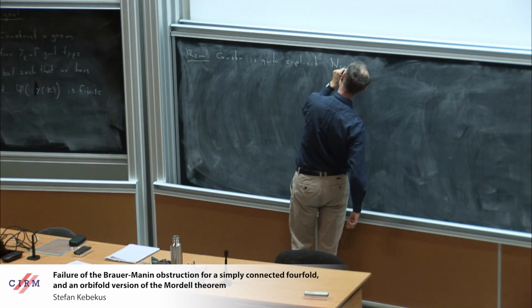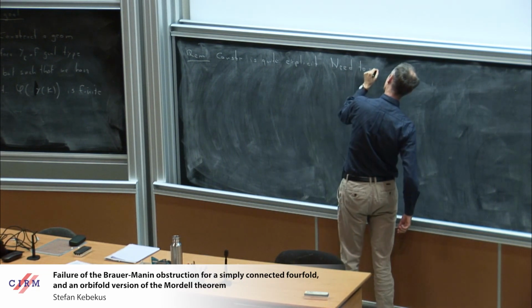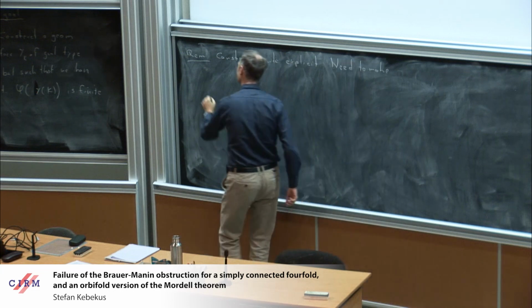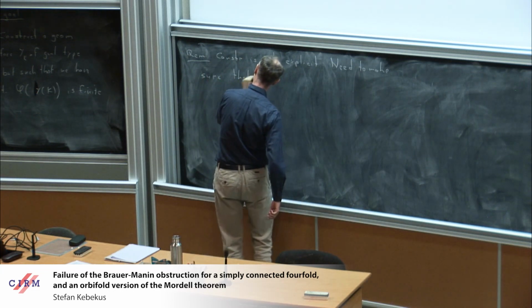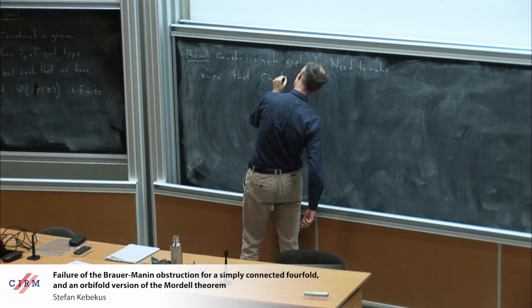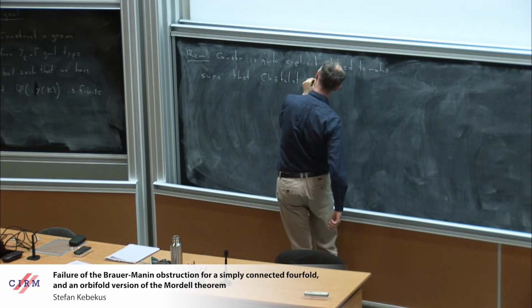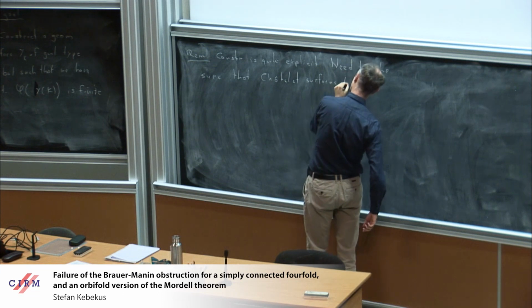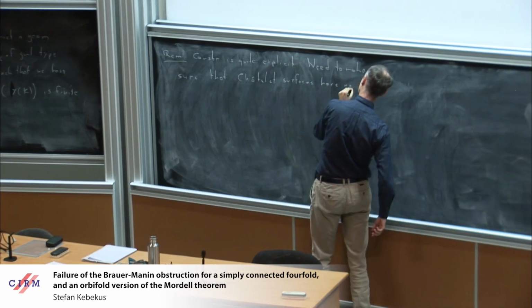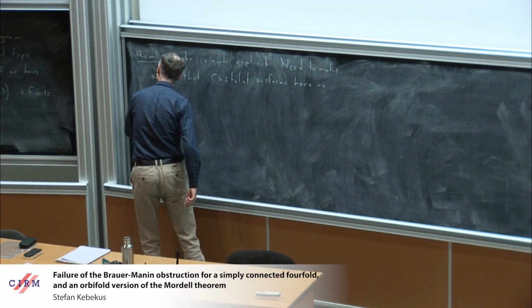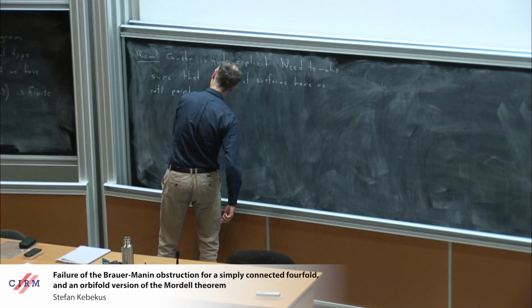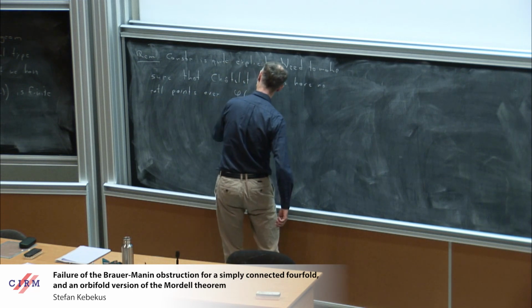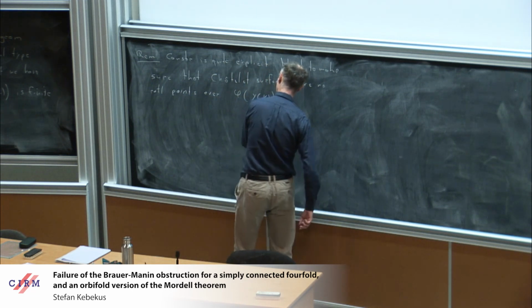What do we need to make sure? We need to make sure that the Chatelet surfaces have no rational points over phi of Y of k.